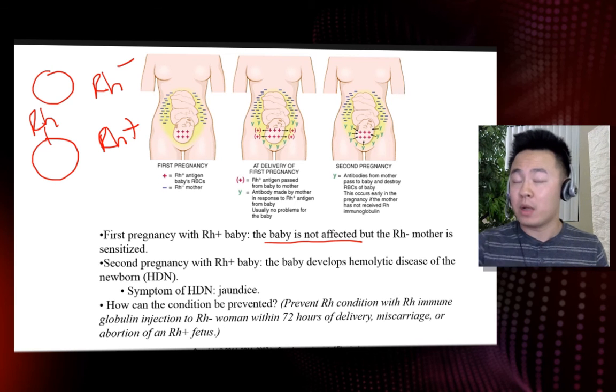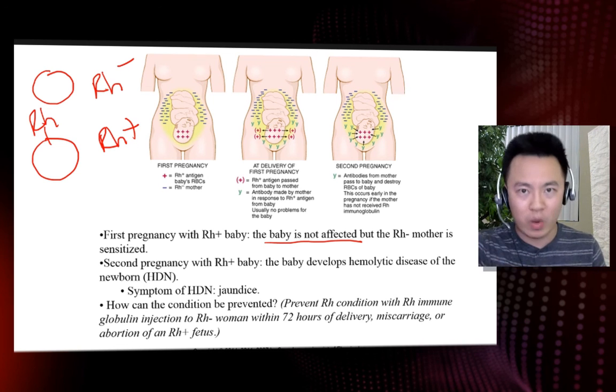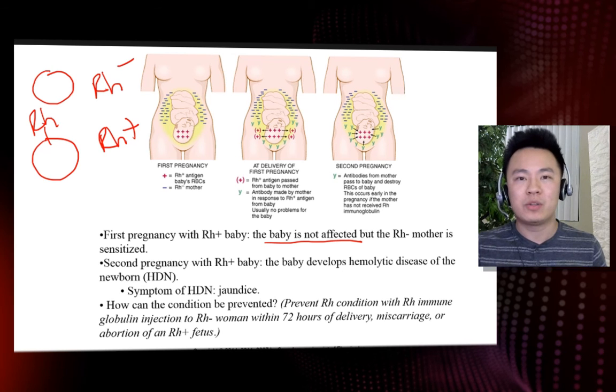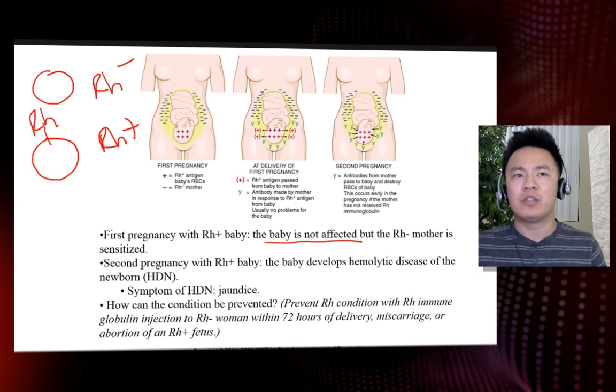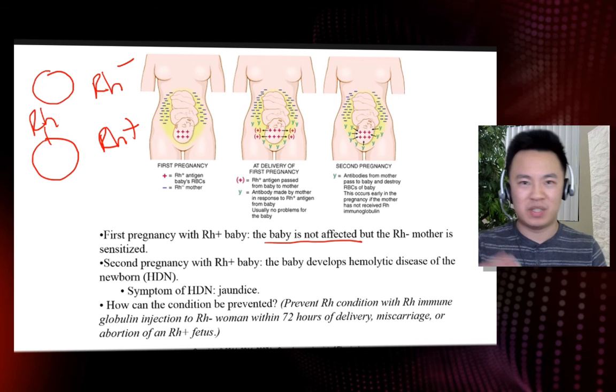I'm not going to say that the mother's body is not going to send the white blood cells out there, but when it does, the white blood cells are going to try and find a way to recognize that Rh factor, so that the next time the body comes across it, the body will know what to do. It's like developing an immunity against the Rh factor cells.